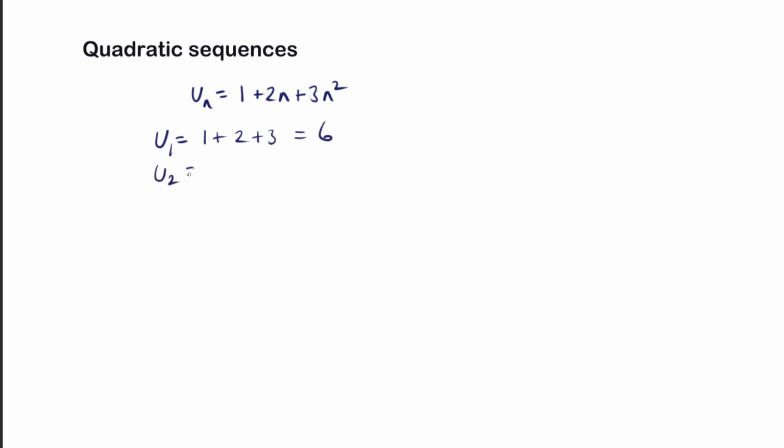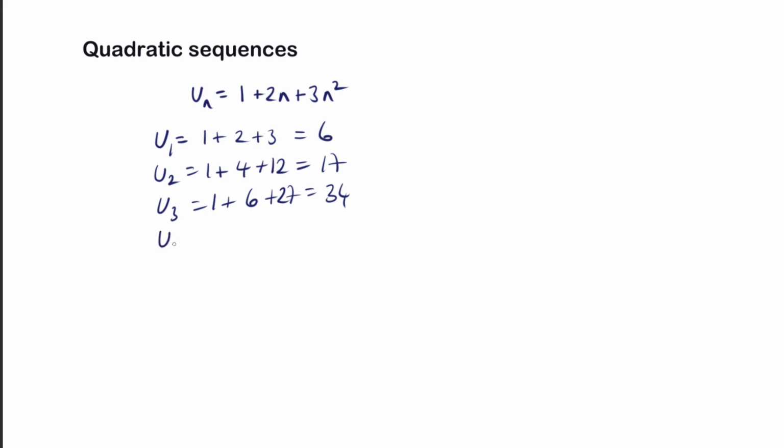If you put 2 into this, you get 1 plus 2 times 2 is 4, and 2 squared is 4 times 3 is 12. So that's 17. For 3, 1 plus 6 plus 3 squared is 9 times 3, that's 27. And that's going to be 34.